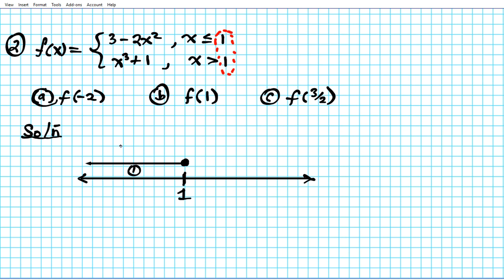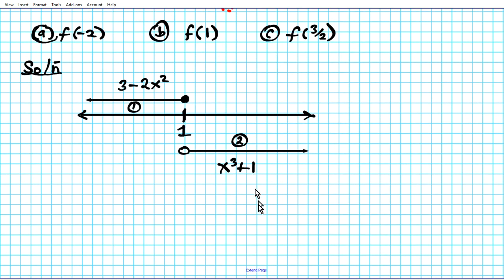The function that's active here is 3 minus 2x squared. Anything greater than positive 1, let's call that region interval 2, and the function that's active is x to the third plus 1. Alright, so let's go ahead and evaluate the function at these three values.